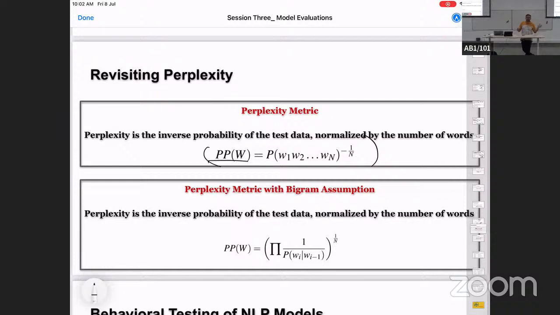So there is a nice relation between cross entropy and perplexity that you can use. There we are not computing these probabilities, P of W1 given W2 or W2 given W3 and so on. We compute cross entropies, and from cross entropy we derive the perplexity values, but it can be done.